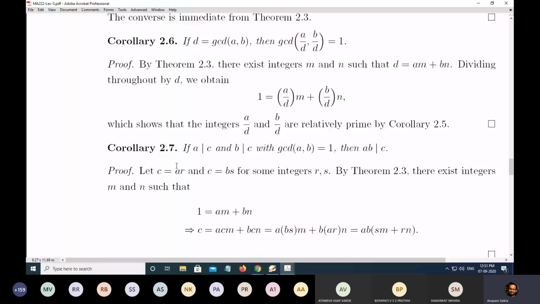Why? Because A is already there, so I want to see C as a multiple of B here, and since B is already a factor in the other term, I want C as a multiple of A. Then I can see that C is a multiple of AB.